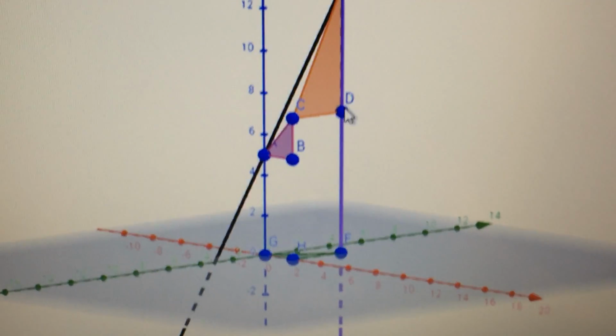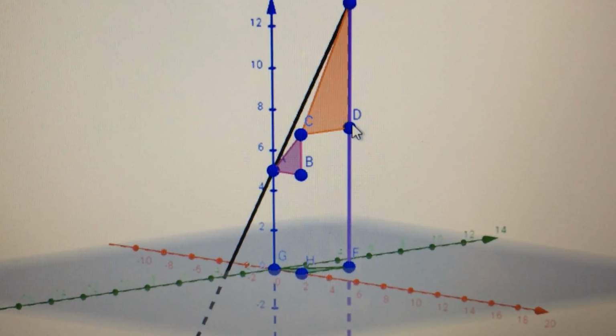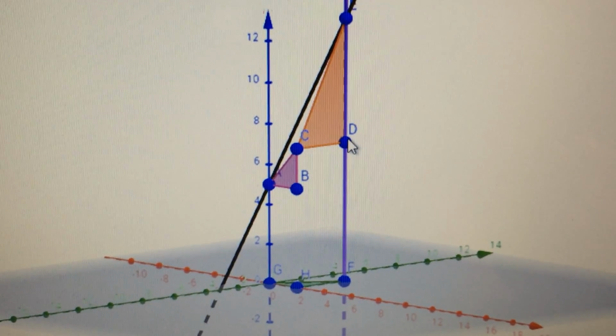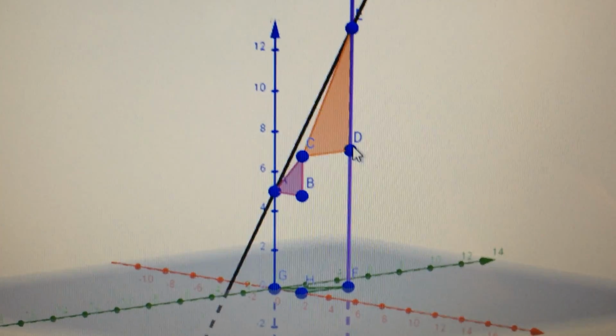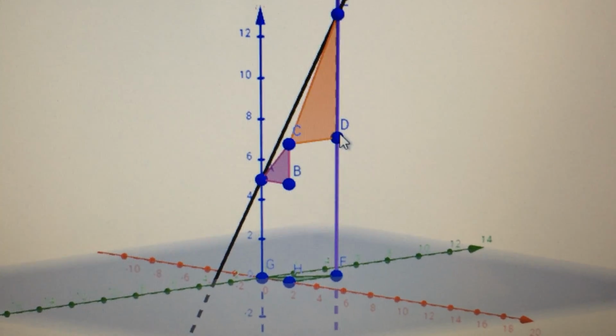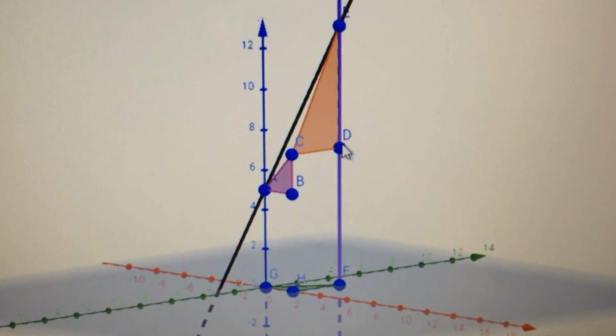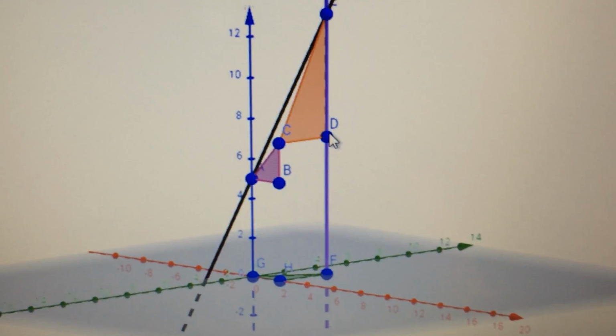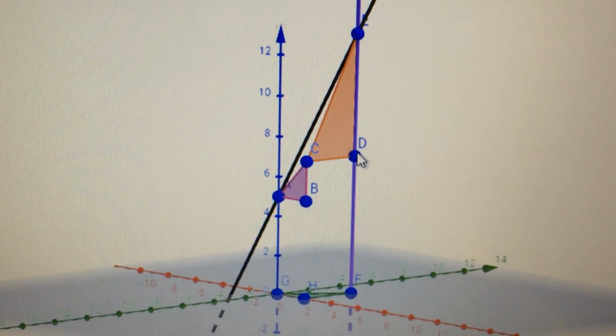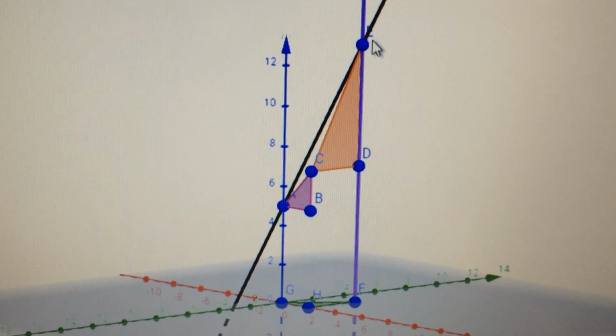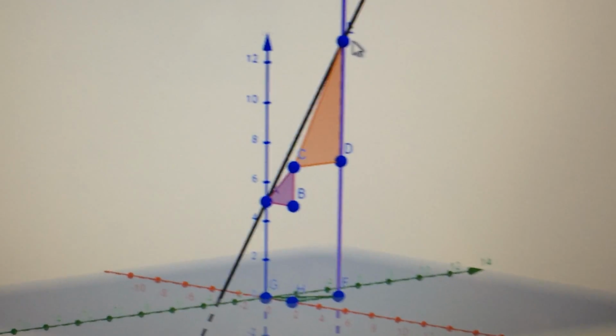Now what I'm going to need to do is again find my rise of z in the y direction. My rise of z in the y direction is going to take into account the change of y that I just did, which was 3, but also applying my of 2. So 3 times 2 is going to be 6. This 6 is going to get me to my last point.